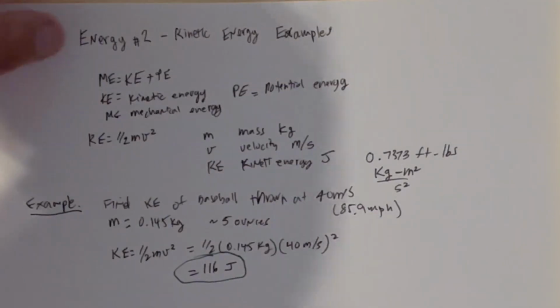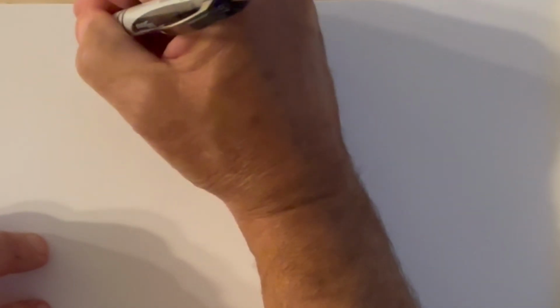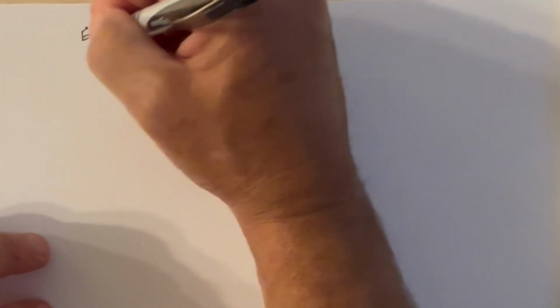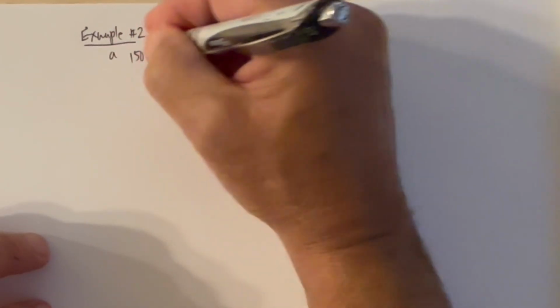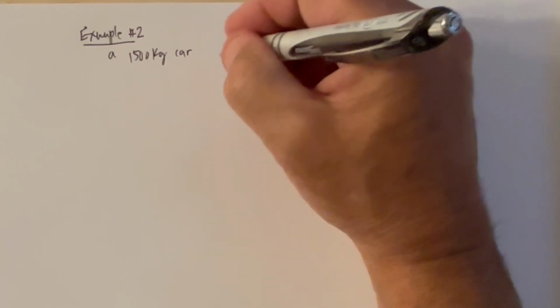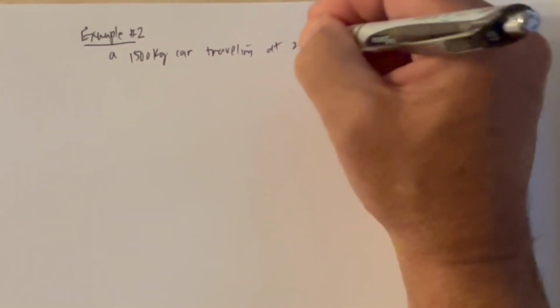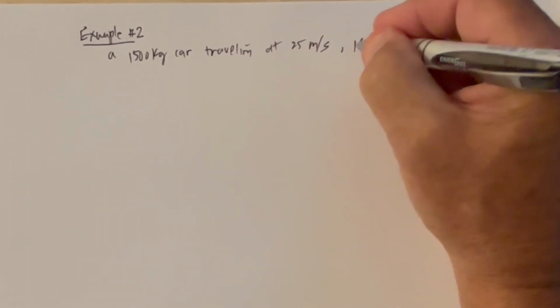Now we're going to compare that to another example. This time, example 2 is a 1,500 kilogram car traveling at 25 meters per second. Let's find the kinetic energy.